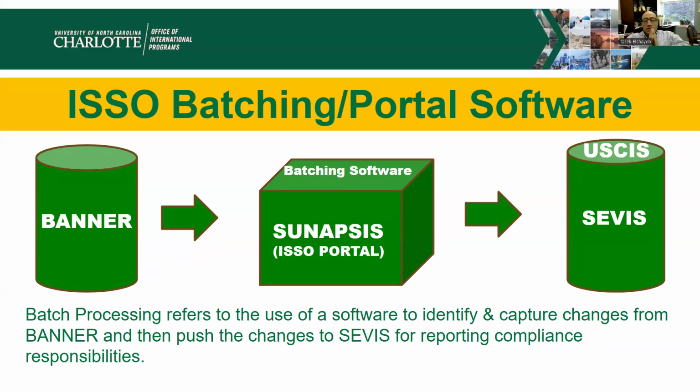But we, as UNC Charlotte staff, can only view our own students' and visiting scholars' accounts, and we cannot view the accounts for NC State or Chapel Hill. Each school is a separate account in the system. So batch processing refers to the use of software to identify and capture changes from Banner, and then push the changes to SEVIS for reporting compliance responsibilities.